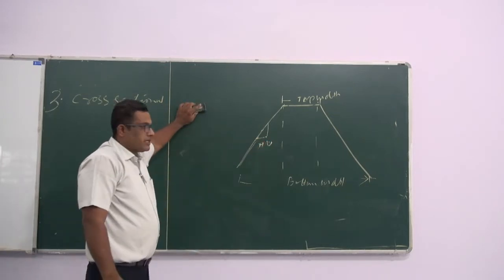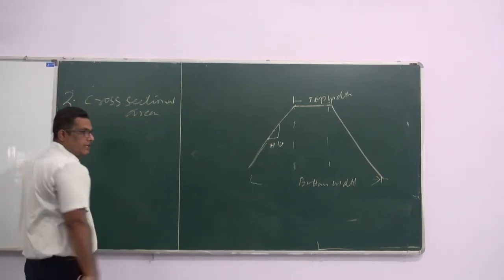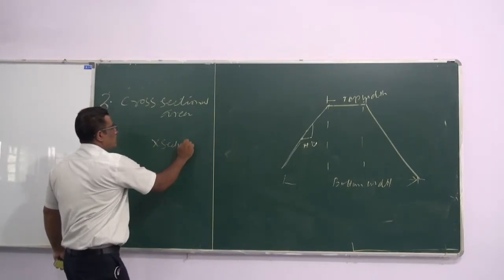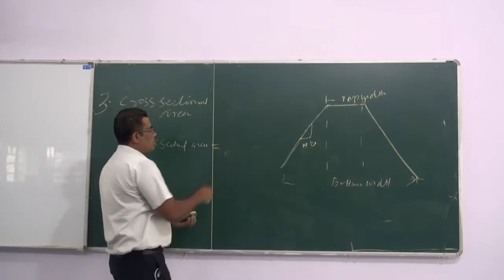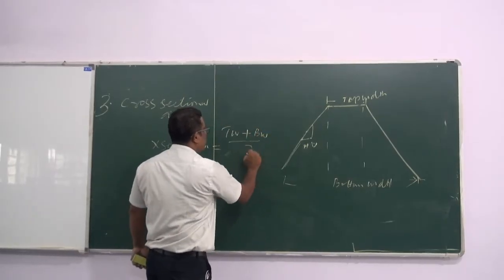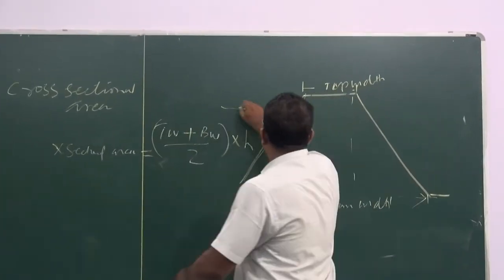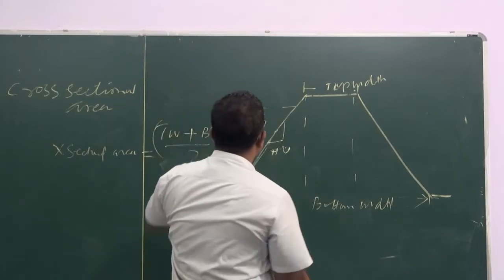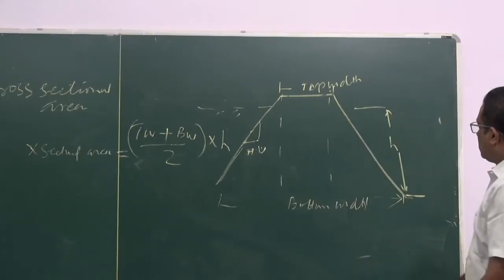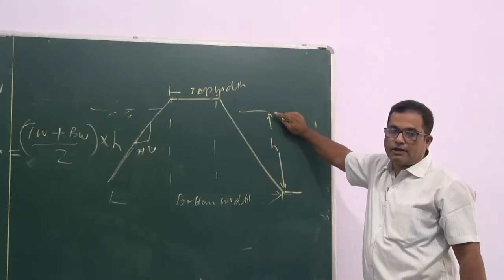Now we have to find the cross-sectional area of this bund. Since it is a trapezoidal shape, the cross-sectional area of the bund would be top width plus bottom width divided by 2 into height. What is the height here? This will be the impounding water. This is your total H, the height of the top level of the designed water surface.